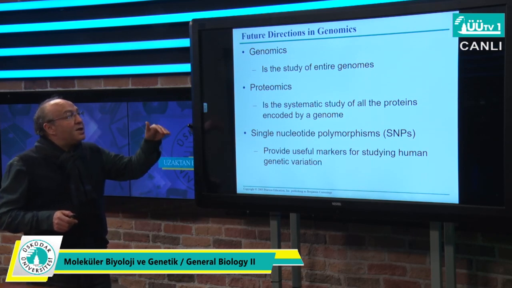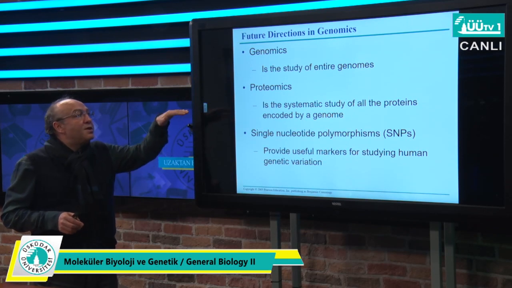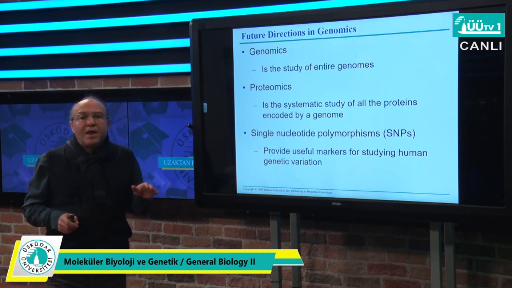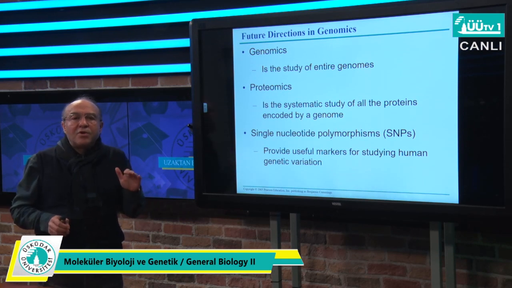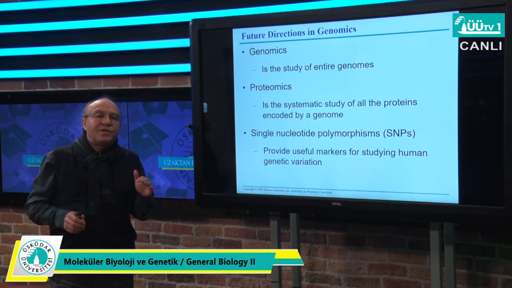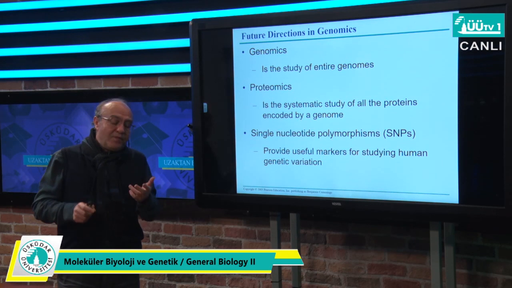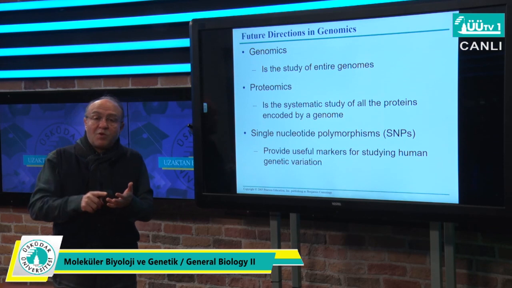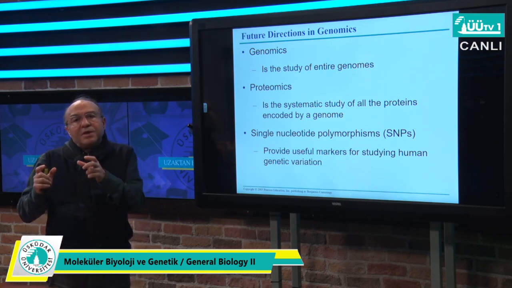And genomics, actually, one of the main parts of genomics is the study of the entire genomes of every organism. And now we know the whole genomic structure of human beings. Before human beings, we did lots of studies, and we chose model organisms from prokaryotes like E. coli and Streptomyces as an actinomycete.